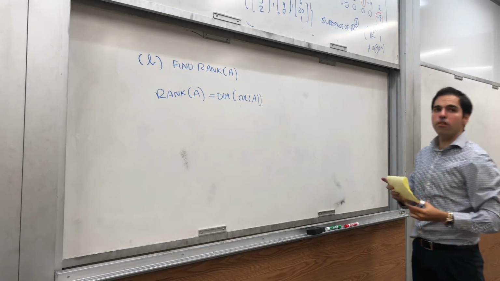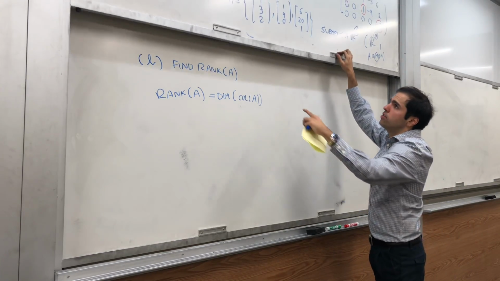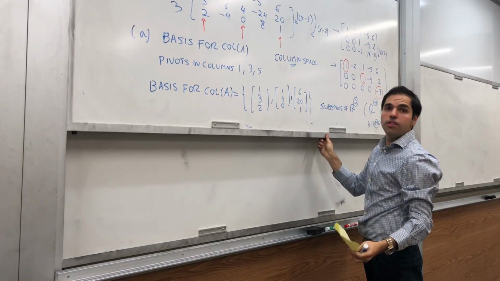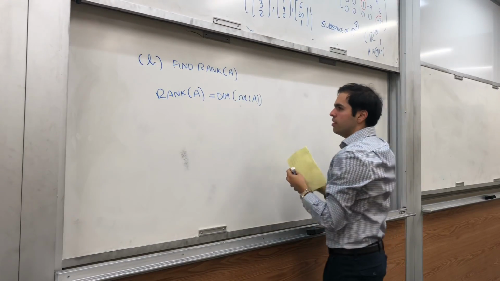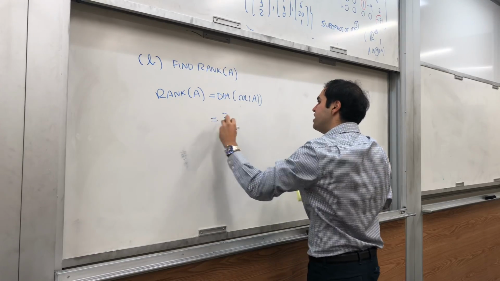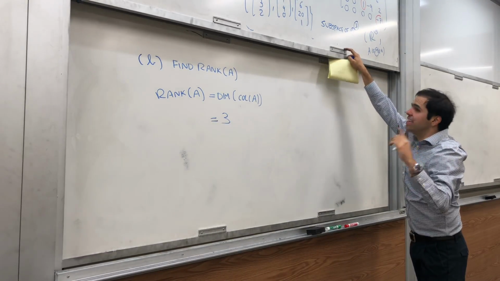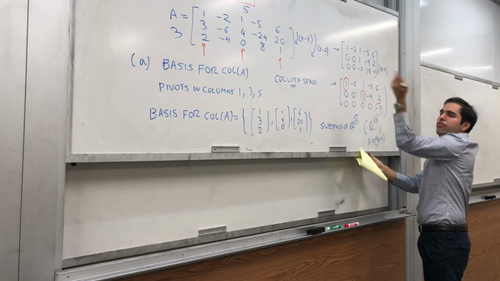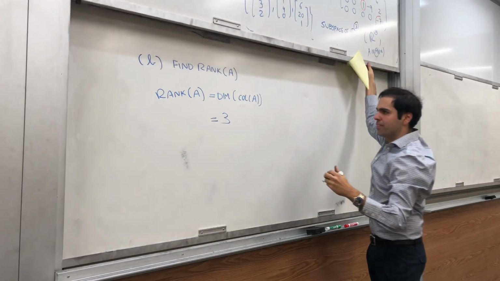Just count the number of vectors in the basis. So here, there are 3 vectors in this basis, so the dimension is 3. And it turns out it's exactly equal to the number of pivots here. So we have 3 pivots, so the rank is 3.